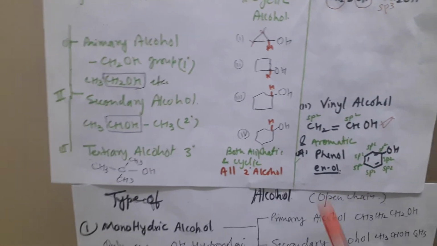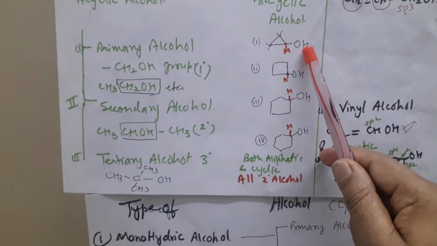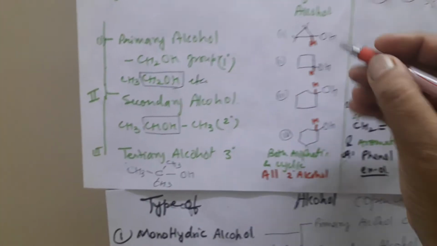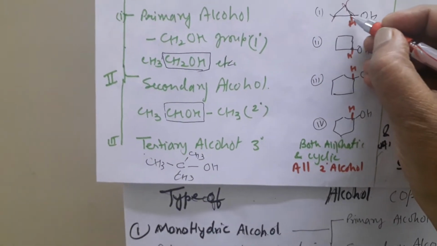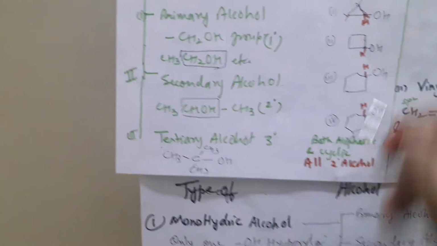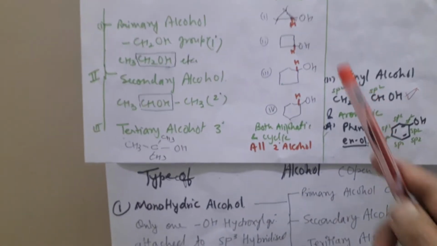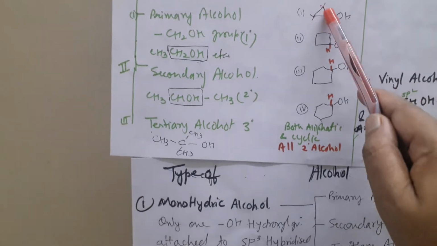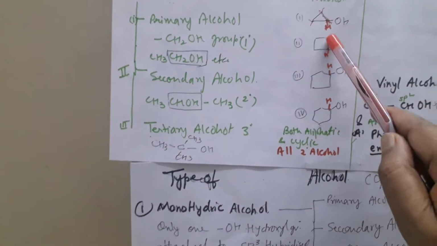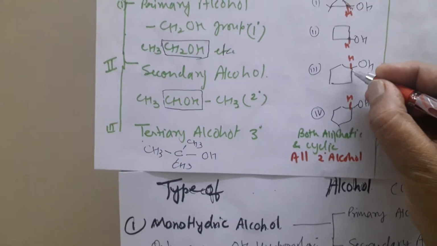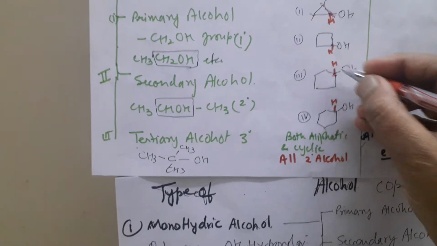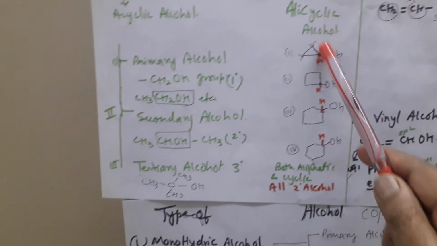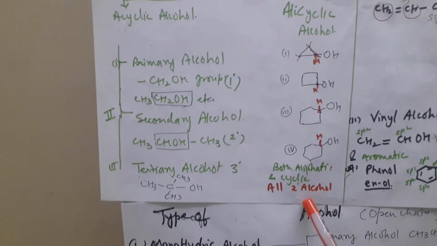Clear to you? And there is a CH2, CHOH grouping. You have to find out which type of alcohol this is. All these are 2-degree alcohols. Here the C is hidden, CHOH. So all these alicyclic alcohols are 2-degree alcohols.